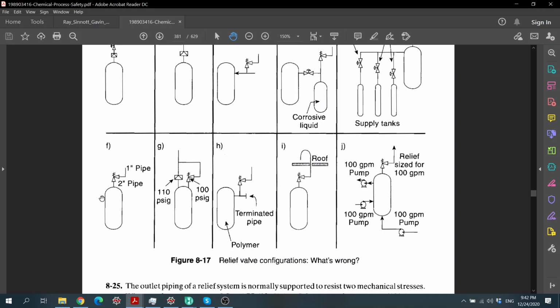So if the operating pressure is about 5 bar and you have an incoming 10 bar, then that 10 minus 5 bar is what we have to release through this PSV.